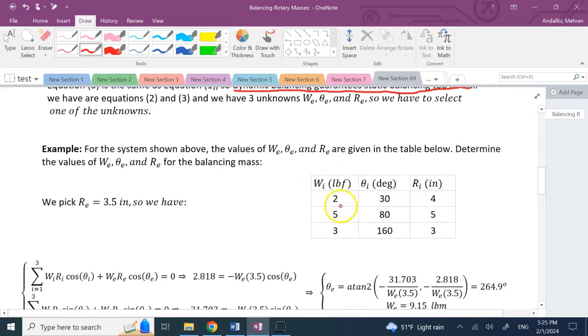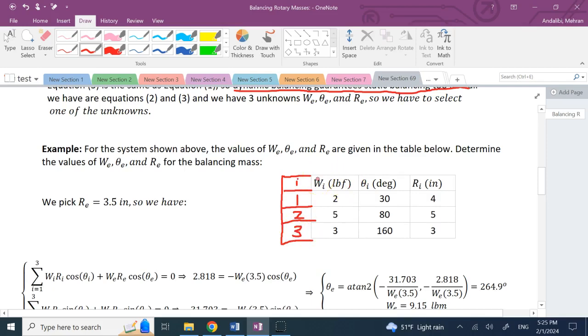W's are W1 like 2, this next one is 5, the next one is 3, and theta i's are like 30, 80, 160 degrees, and the r's are 4, 5, and 3 inches. So if I give you these numbers, and here this other column, it could be I, which is 1, 2, and 3.